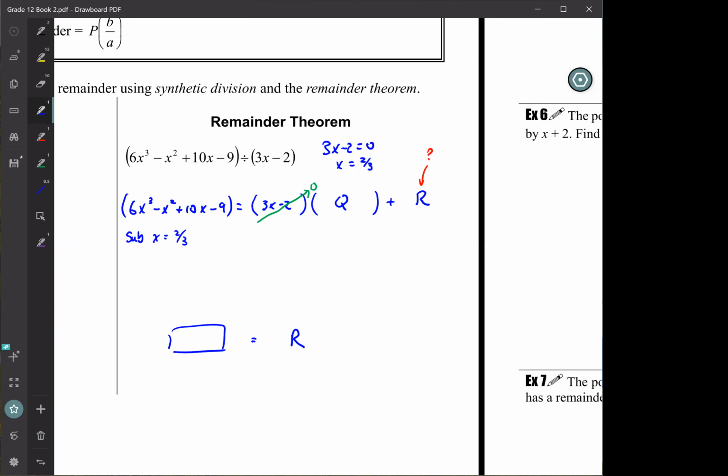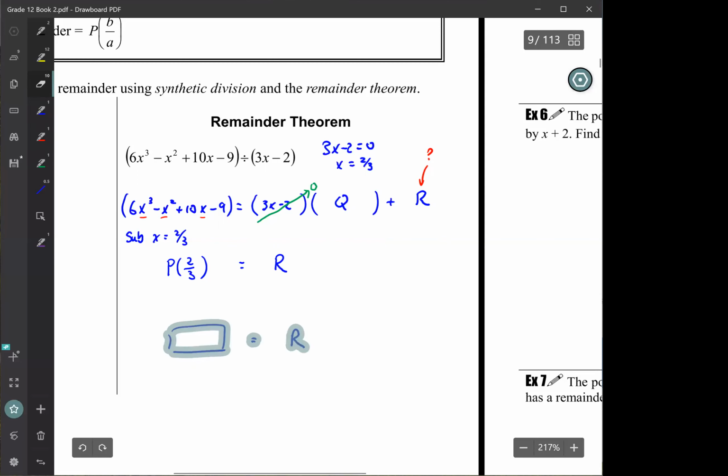Okay, and we will sub this into the dividend as well. All right, so the left side, which is a polynomial, we'll write it as p of 2/3. That's the left side. And then the right side, because divisor is 0, you're gone. Your two brackets disappear. So you are just left with r. Okay? So there is our theorem.